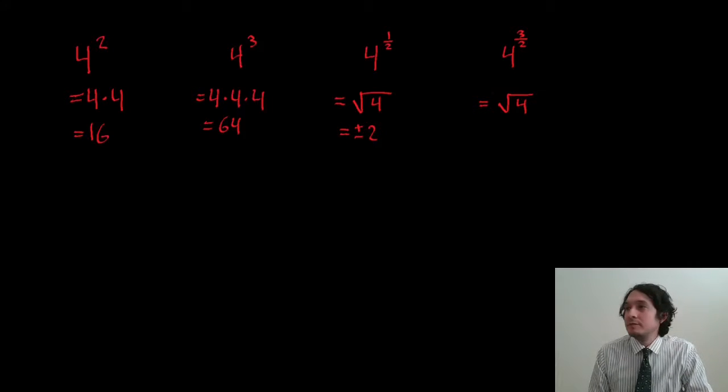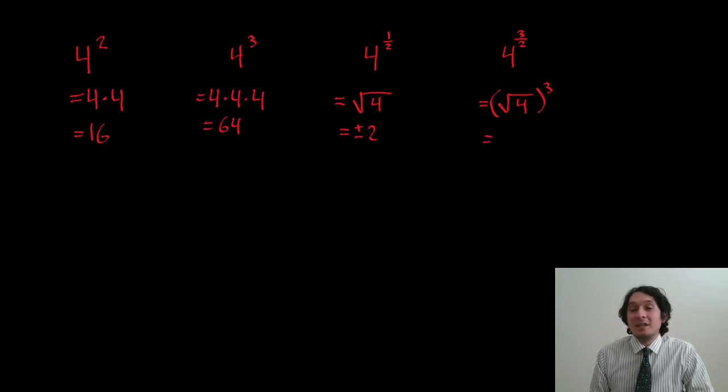So where does that go? Well, when you have a fractional exponent, the rule is that the denominator is the root and the numerator is the exponent. So we're going to write this as the square root of 4, but I still have an exponent to write. And so you'll see things like this a lot. The square root of 4 raised to the power of 3.